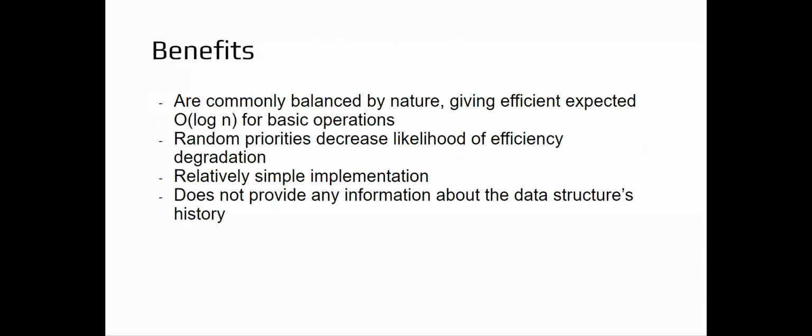And also one thing that I thought was pretty cool about the treap is that it does not provide any information about the data structure's history. So this is more of a security aspect of the treap. What I mean by this is the heap property changes the structure of the treap all the time. So leaves rotate into the structure, new nodes come in and out, and the root can change, subtrees can change all the time.